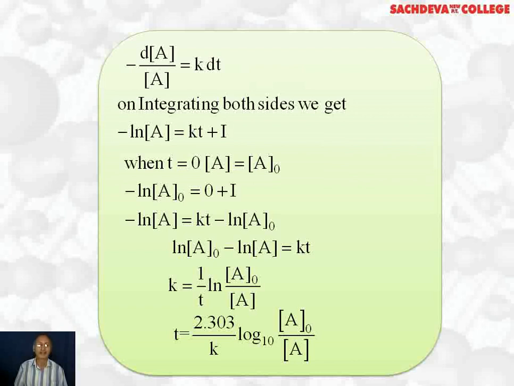So the integral of minus d[A]/[A] is minus ln[A]. ln means log to the base e. The integral of dt is t because the differential of t is dt. So we get kt plus an integration constant. How to evaluate the integration constant? When t is 0, [A] is equal to [A]0.